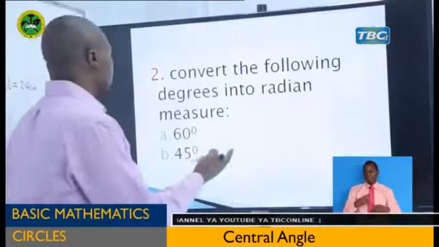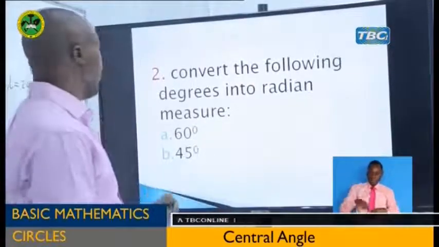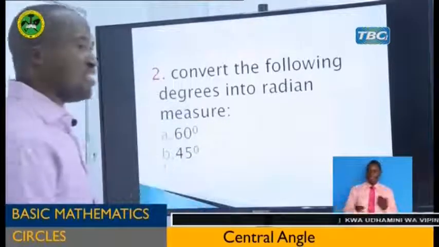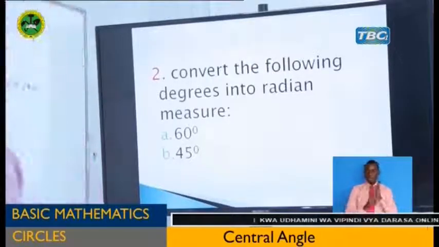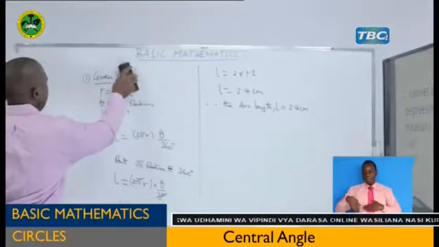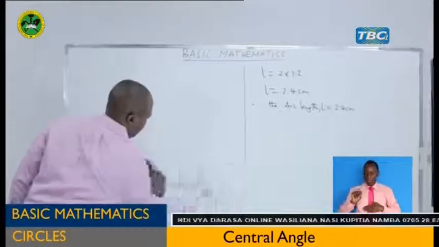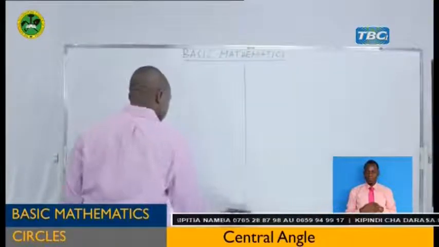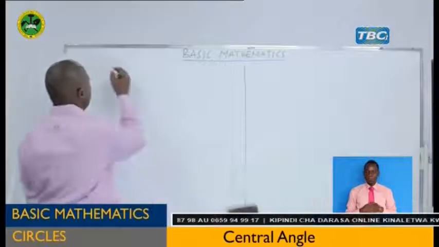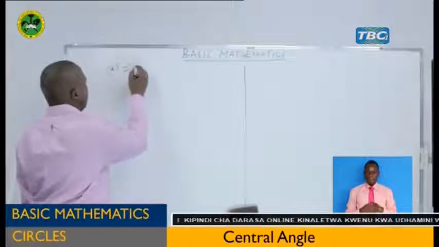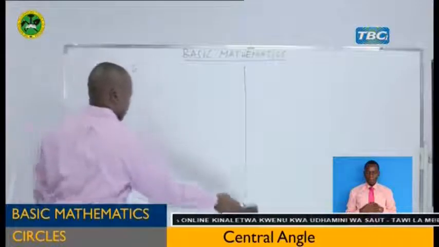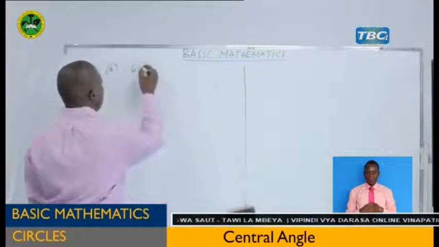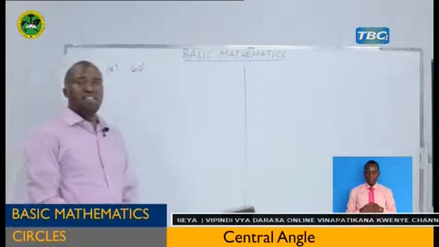So my dear students, let us proceed with example 2. This time we are supposed to convert the given degree measure into radian measure. That is, convert the following degrees into radian measure. A, we have 60 degrees. We are supposed to convert into radians.